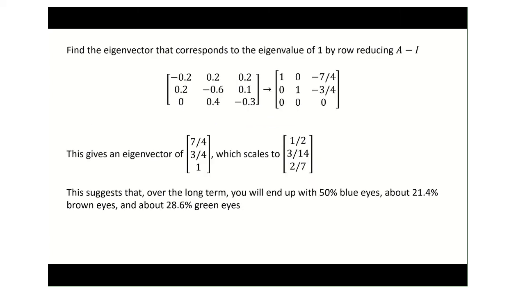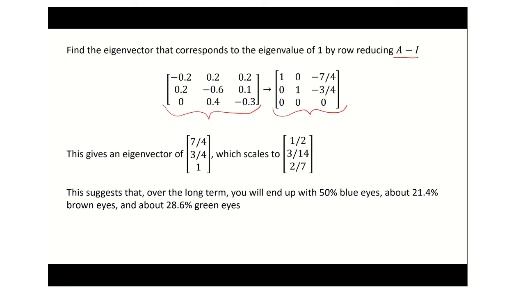Now, we're looking for the steady state vector. So we're looking for the eigenvector that corresponds to an eigenvalue of 1. We do that by row reducing A minus I. Well, there's A minus I. Row reduce it, you get that. So I've saved you the steps in between and show you the reduced row echelon form of it.